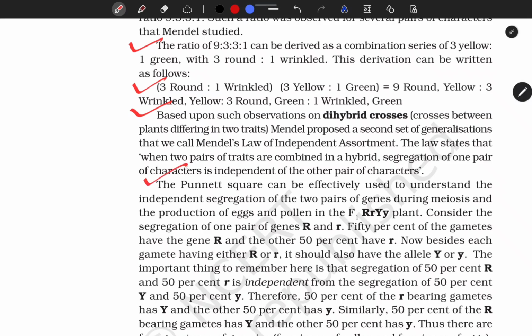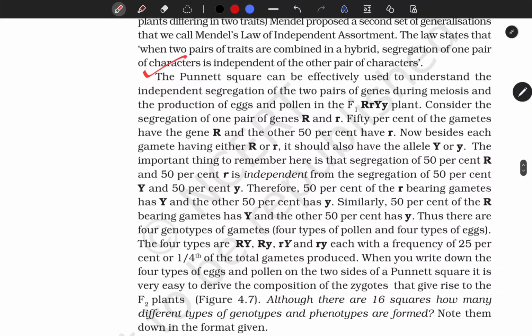The Punnett square can be effectively used to understand the independent segregation of two pairs of genes during meiosis and the production of eggs and pollen in the F1 capital R small r, capital Y small y plant. Consider the segregation of one pair of genes, capital R and small r. 50% of gametes have the gene capital R and the other 50% have small r.